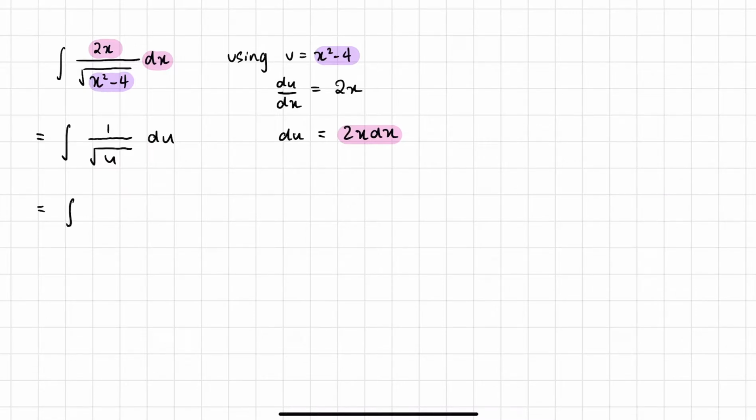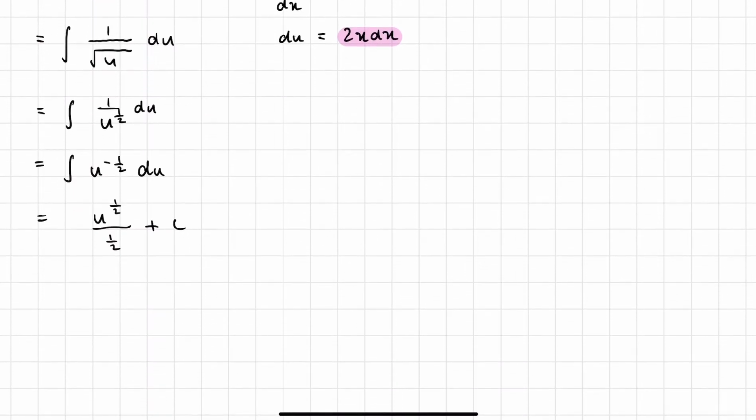At this step, we're going to need to change the question into index form. And then bring this guy to the numerator. And now we're going to integrate in terms of u. Okay, so add 1 to the power and pop it onto the denominator.